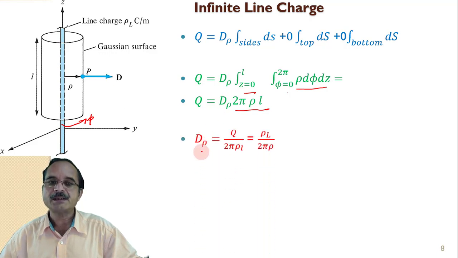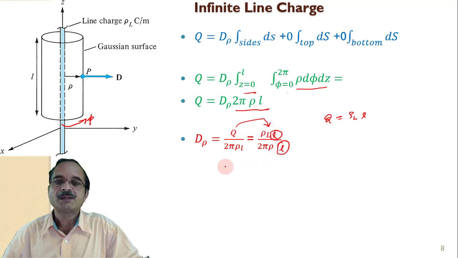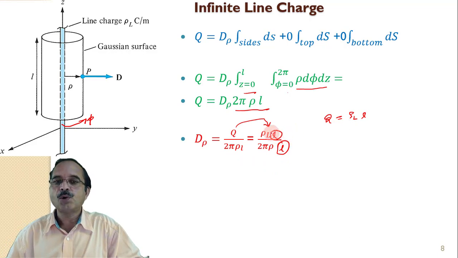So rearranging this gives me D rho equal to Q upon 2 pi rho L. We know this Q is equal to rho L into L. So if I substitute here rho L into L, so this is 2 pi rho L. So this L and this L will cancel. So this is rho L upon 2 pi rho.